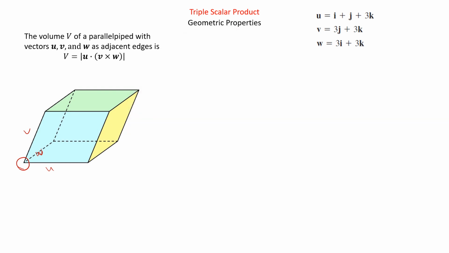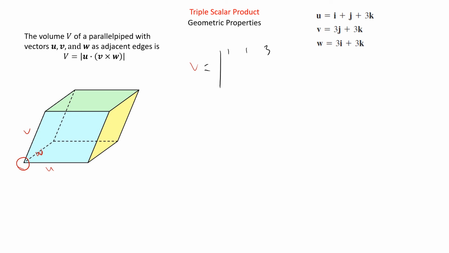Did you get it? Did you remember to take the absolute value so your volume's positive? I hope so. Let's try this out. So the volume, oh, I'm still on red. The volume is going to be the triple scalar. So U is 1, 1, 3.